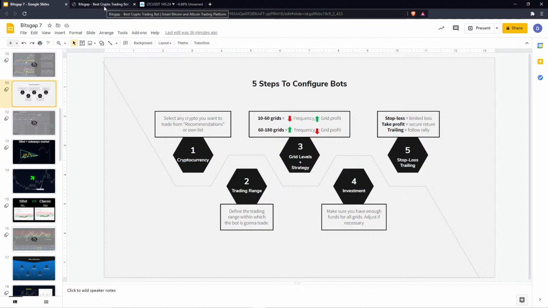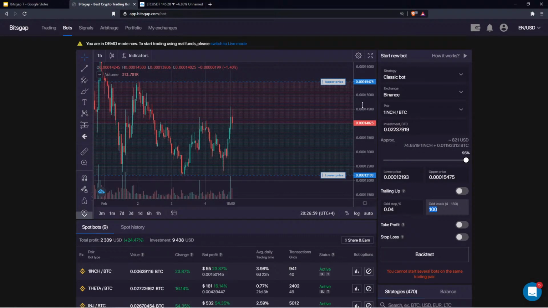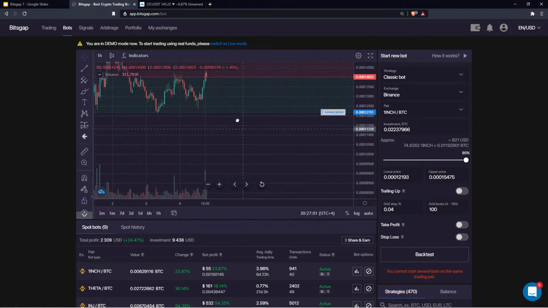But it just makes more sense to launch bots with a number of grid levels above 60 when you see that the crypto is not volatile enough. So what do I mean by that?